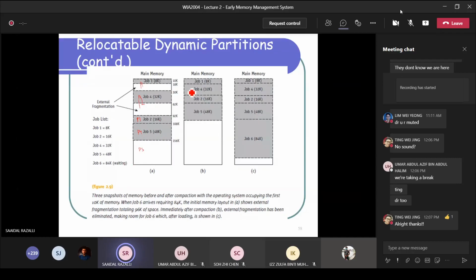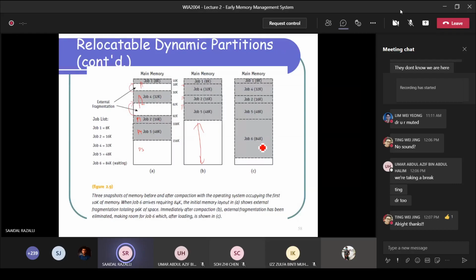So what relocatable dynamic partition means is that they relocate all the free space, they move it here. But the address locations will be shifted up. The address location of this one will go to this one, meaning they're going to the lower memory addresses.